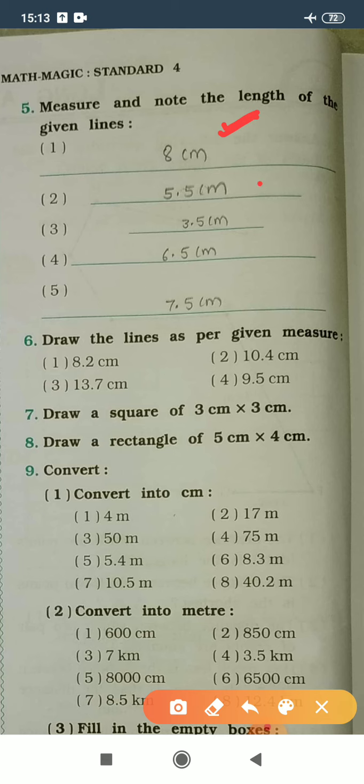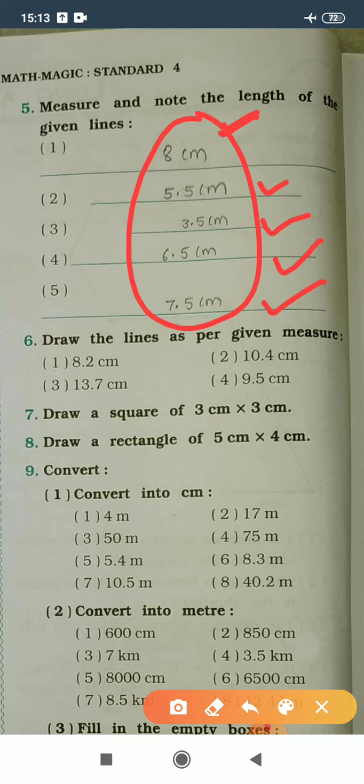The second is 5.5 centimeters. The third one is 3.5 centimeters. The fourth one is 6.5 centimeters and the fifth one is 7.5 centimeters. With the help of a scale you will draw these lengths.